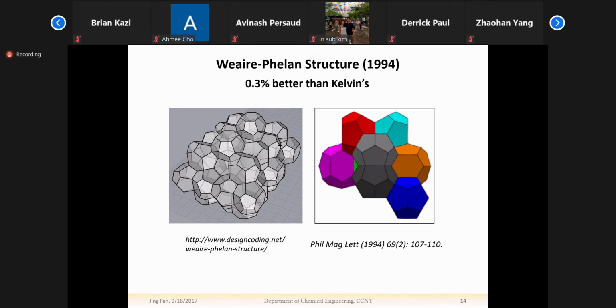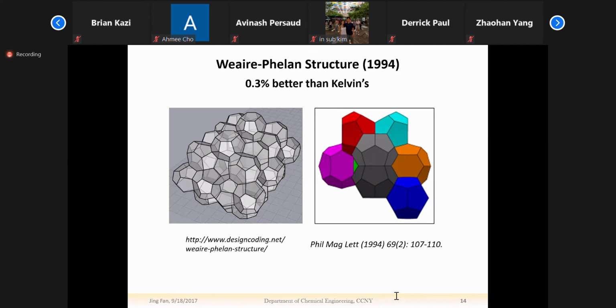But interestingly, people just couldn't observe this structure in a real experimental system. We know that this minimum surface area problem can be experimentally studied using foams or emulsions, because foam and emulsion systems are dominated by surface energy, which is proportional to surface area.